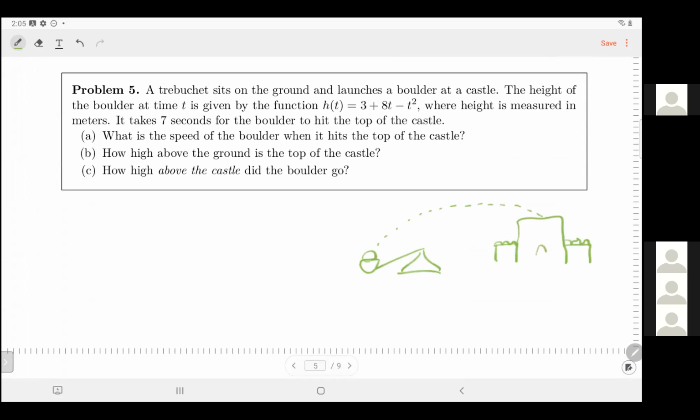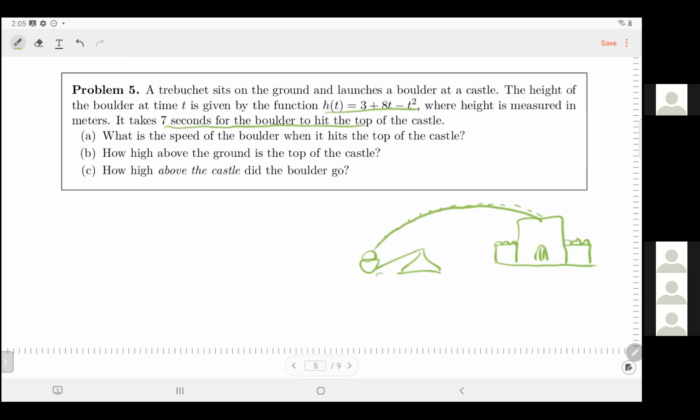Okay, cool. There's my castle. And we have some questions. Okay, so first of all, we're given the height of the boulder as it soars through the sky. And we're told that 7 seconds after it's launched, it actually lands on top of the castle.